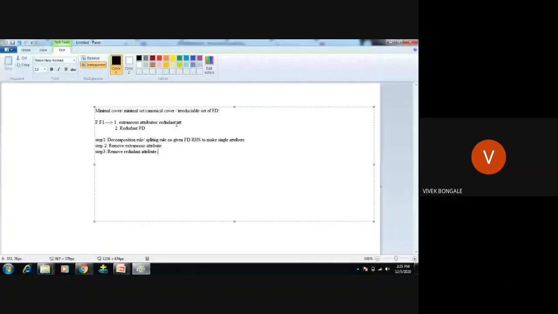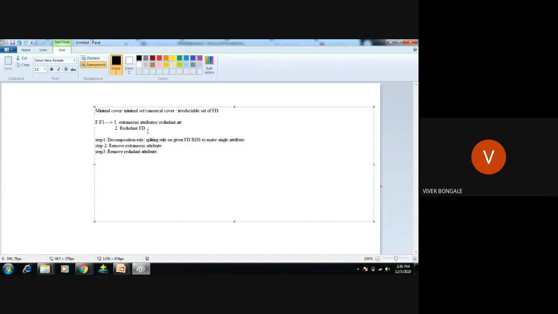We have to find the minimal cover F dash. If you say the given functional dependency is a minimal cover, it should not have extraneous attributes or redundant attributes or redundant functional dependencies. If it doesn't have these, then we say it is a minimal cover.